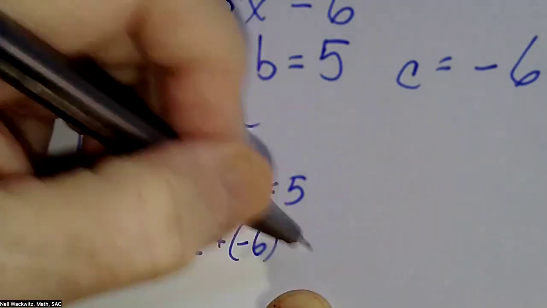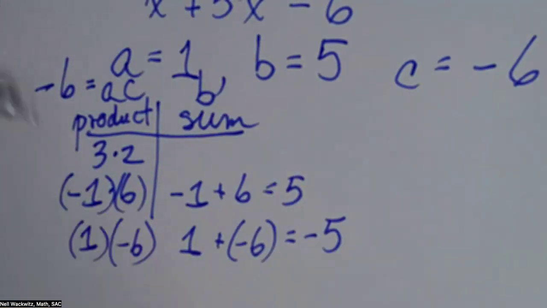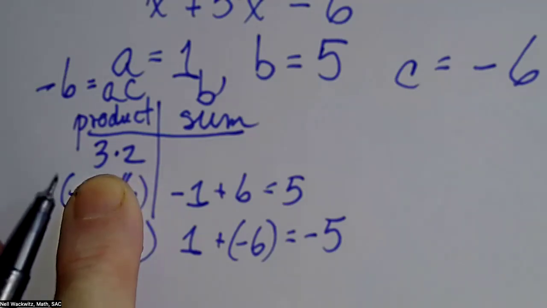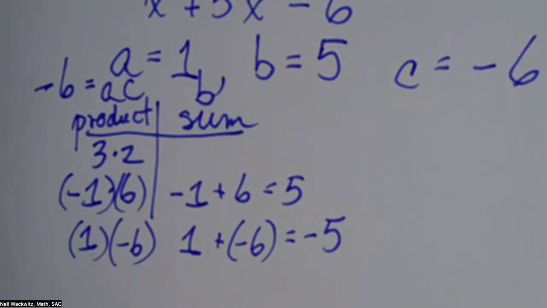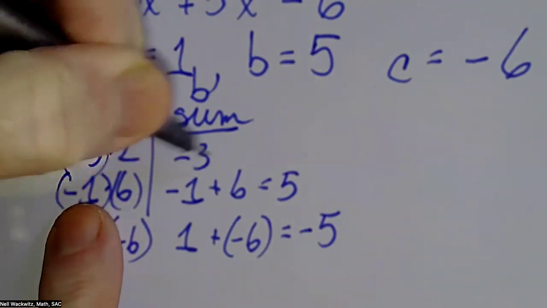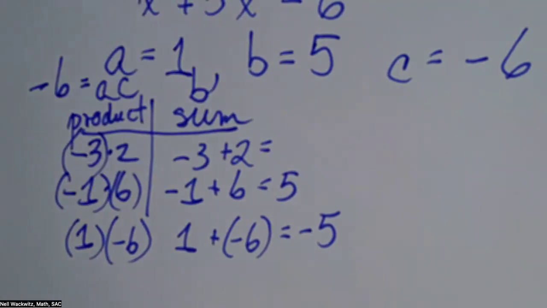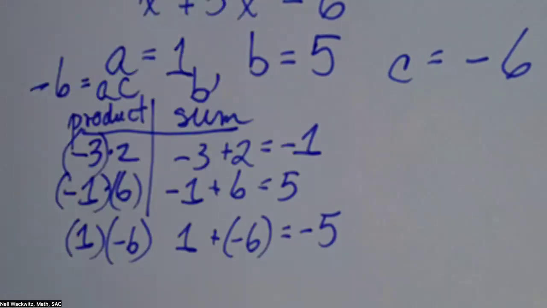If we have 1 plus negative 6, we get negative 5. Good. And I want to go ahead and keep doing this, even though we know what we need. What can I do to 3 times 2 so that the product is negative 6? Negative 3 times 2. Good. And negative 3 plus 2 is negative 1.